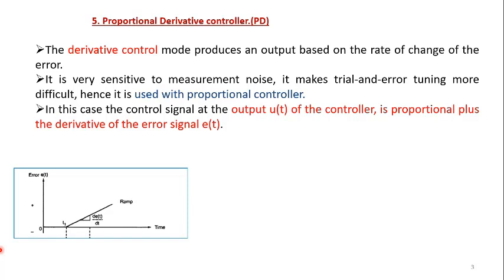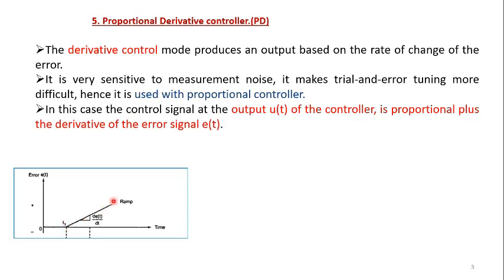So this is what happens in a derivative controller, and it is very sensitive to measurement when it has noise. If it has a ramp process output, then it is easy to do, and if it has much noise, it becomes very difficult.